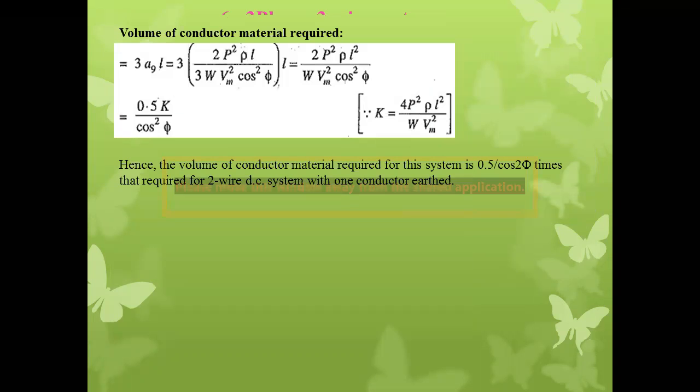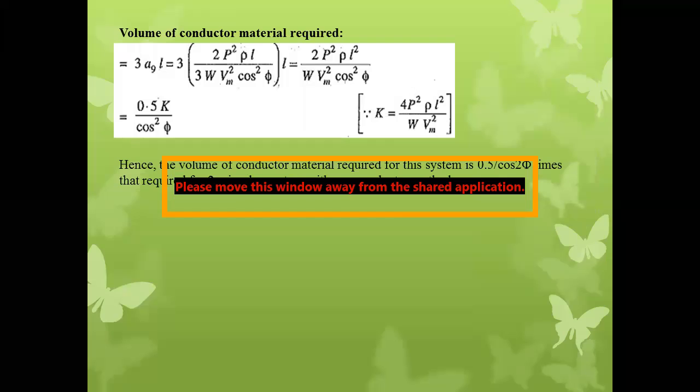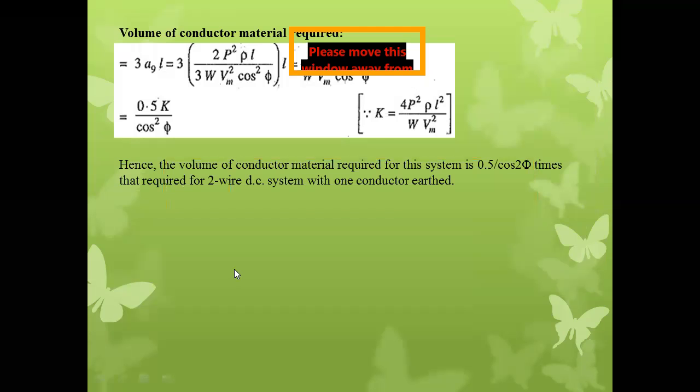Over here 3 wires are there, that's why 3 into A9 into L, where the length of conducting material is L. Simplifying, we will get the volume of conducting material required for the three-phase three-wire star connected system: 2P square rho L square divided by W into Vm square into cos square phi.